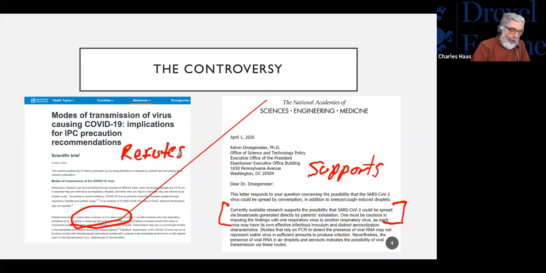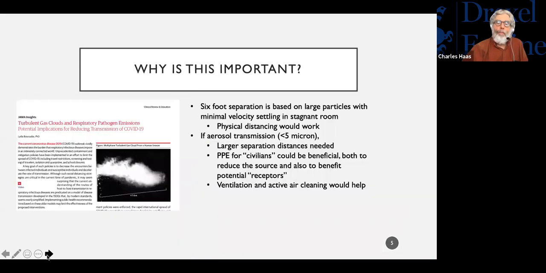And more, I think, and I would confess I'm on the side of the letter on the right, but more and more evidence and more argument seems to support that there is at least some transmission via small aerosols, which has an implication for us in terms of how we might control.